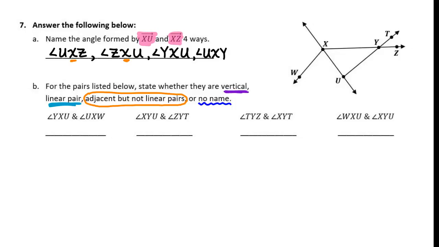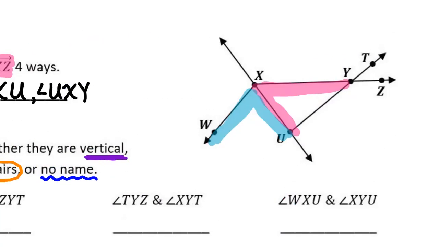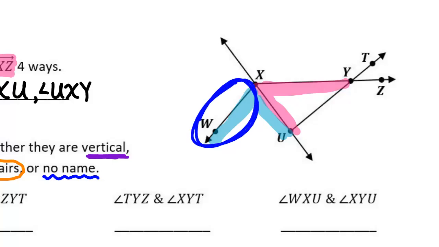So YXU, this angle that we were just looking at, and angle UXW, this angle here. So I want to start off with, do they have a shared side? Because if they do, they're either adjacent or a linear pair. Yes, they share this side right here. So at the very least, they're adjacent. Do their non-shared sides, this one and this one, form a straight line?